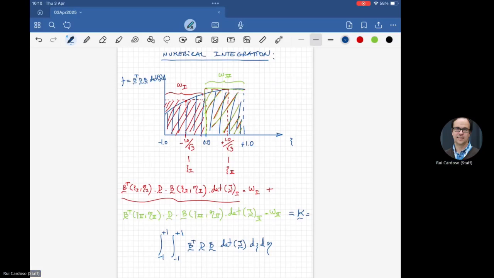We evaluate our BTDB at these 2 points and multiply BTDB by this, which we call the weight function, which is well defined for the different types of numerical integration we have. Then basically what we are doing is the area of this rectangle in red, added to the area of this rectangle in green.